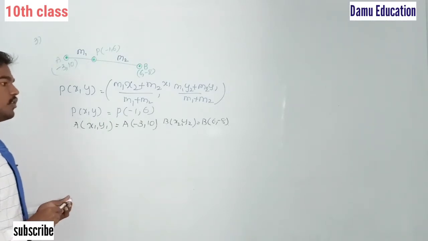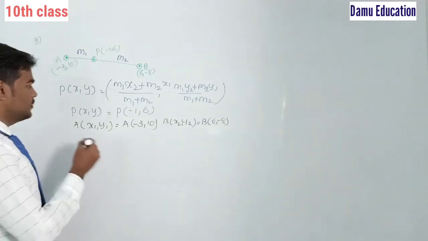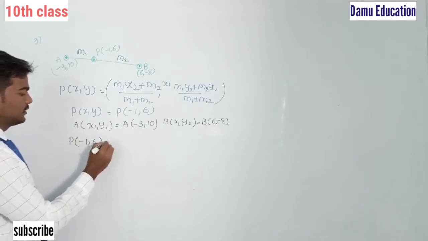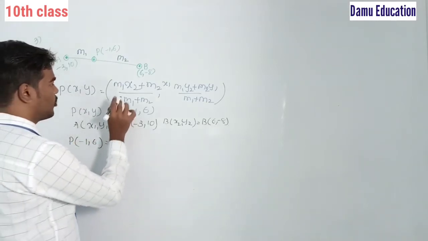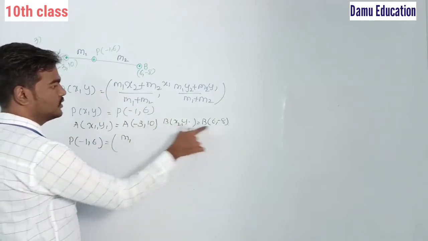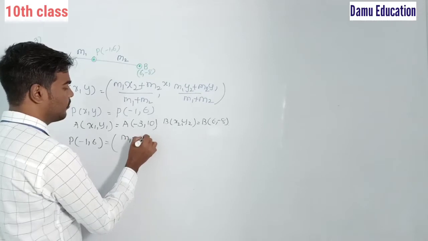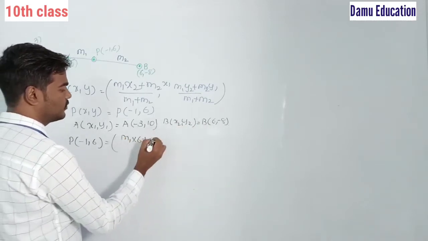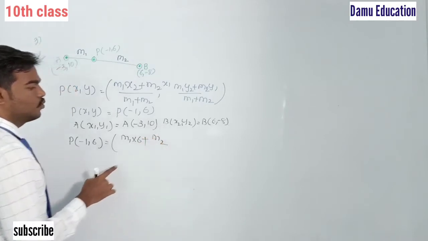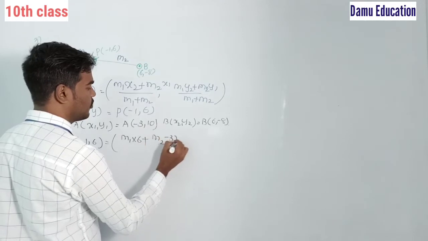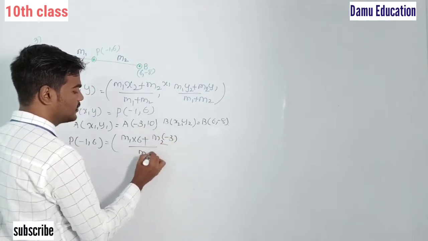Let's substitute all the values here. P of x comma y, that is P of minus 1 comma 6, will be equal to: m1 we don't know, keep it as it is. x2 is 6, so m1 into 6, plus m2, which we don't know, and x1 is minus 3, whole divided by m1 plus m2.